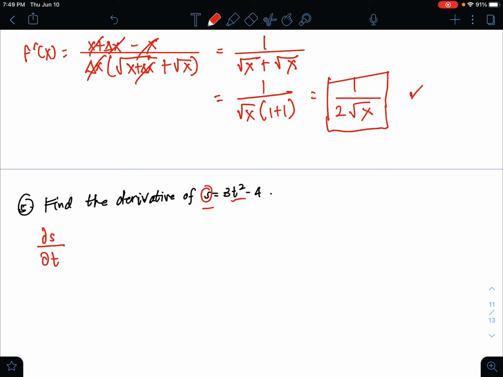So, ds over dt is equal to, so instead of x na siya, ato na pong t. So, 3, rather, minus 4 minus 3t squared plus 4. Kaya pag anaon na to, i-distribute, may plus 4. Di ba?